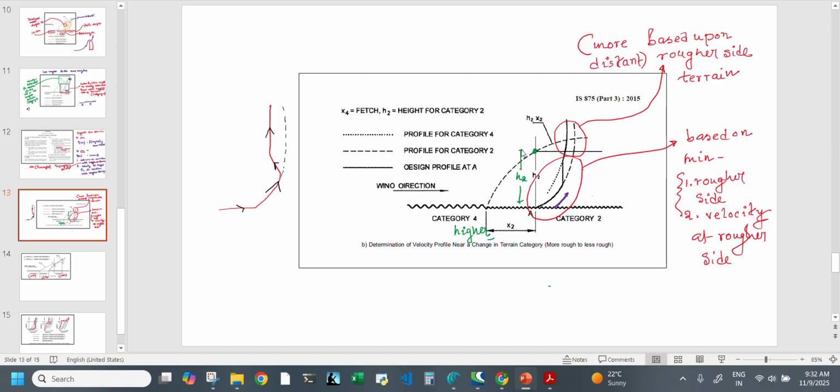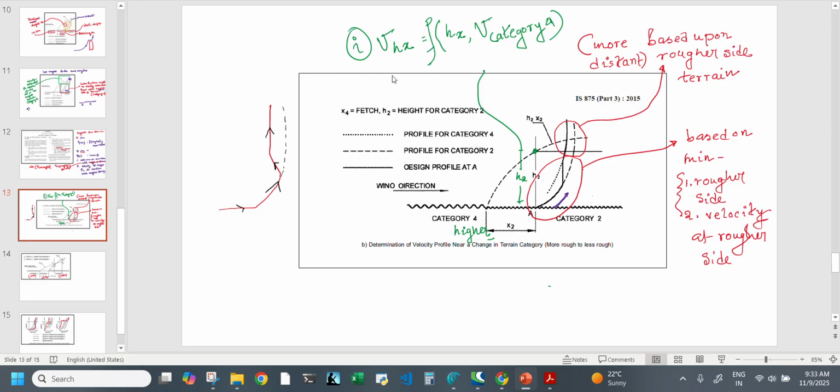At hx, Vhx is determined based upon the height and the velocity at category 4.